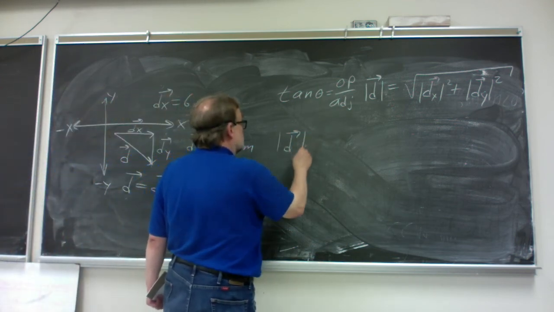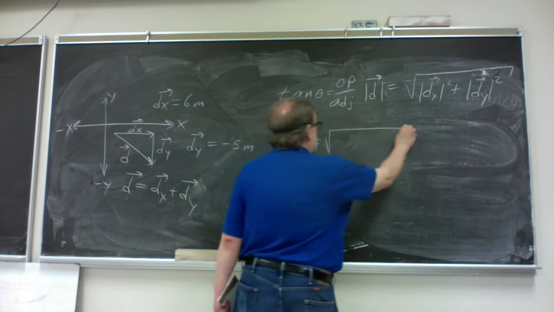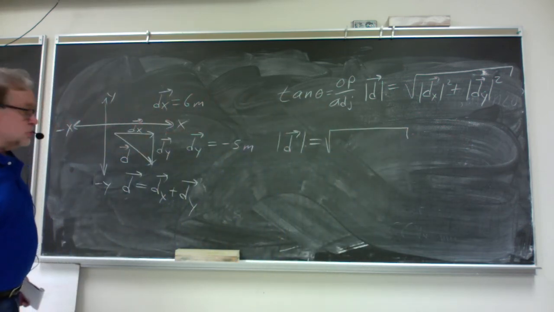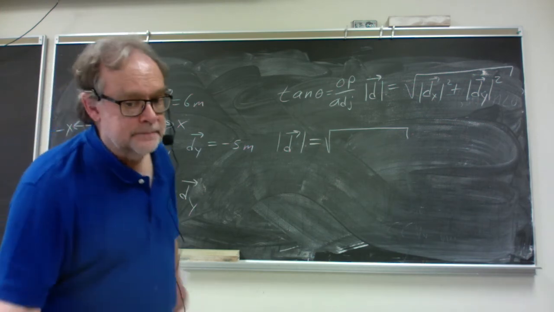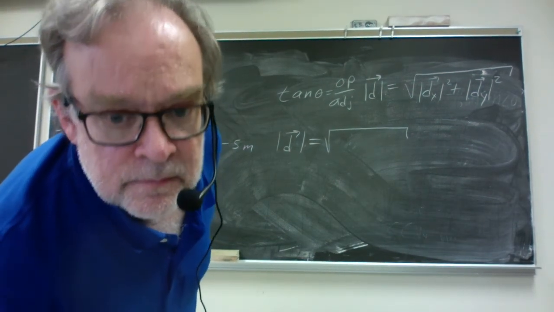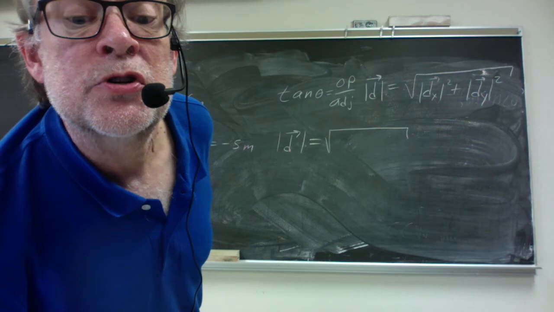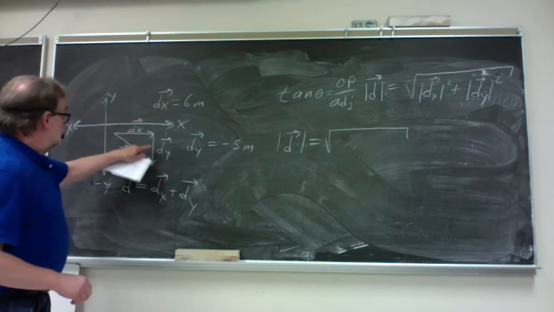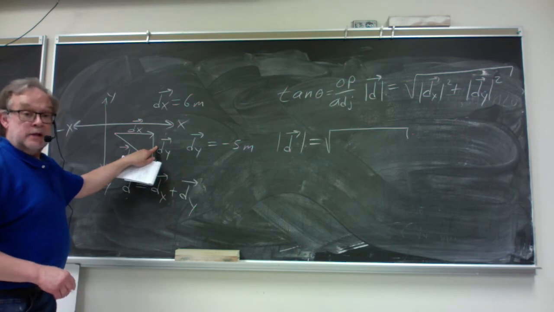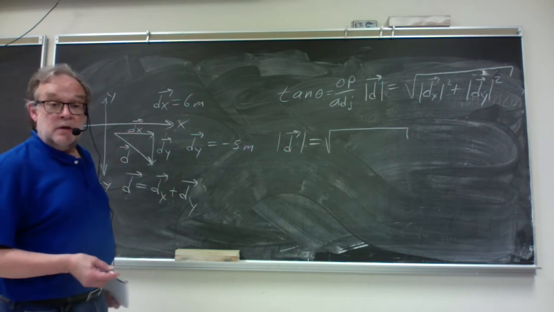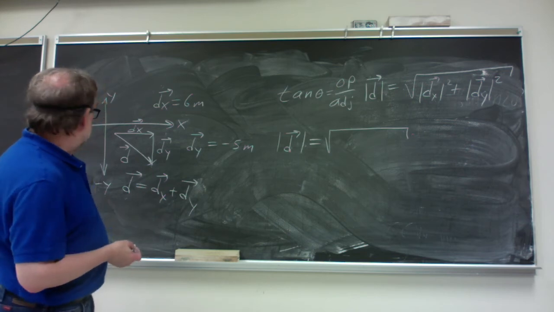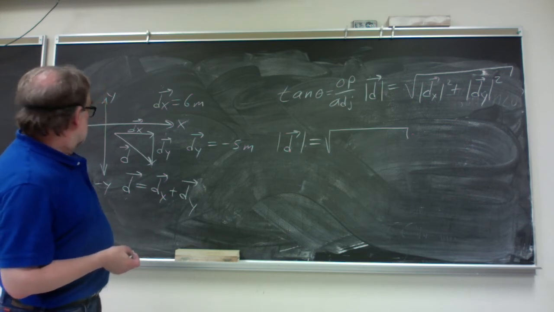The magnitude of that displacement is just the square root of the sum of the squares of the lengths of the other two sides, and the lengths of the other two sides correspond to the magnitudes of those component vectors.